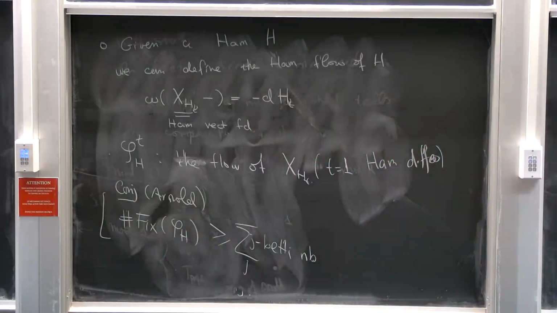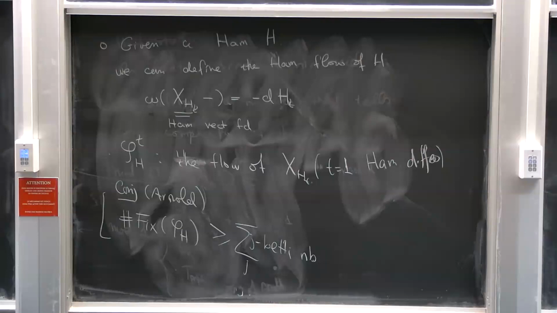It's the set of contractible loops on the symplectic manifold X, together with a capping, so a disk that has the loop as its boundary.